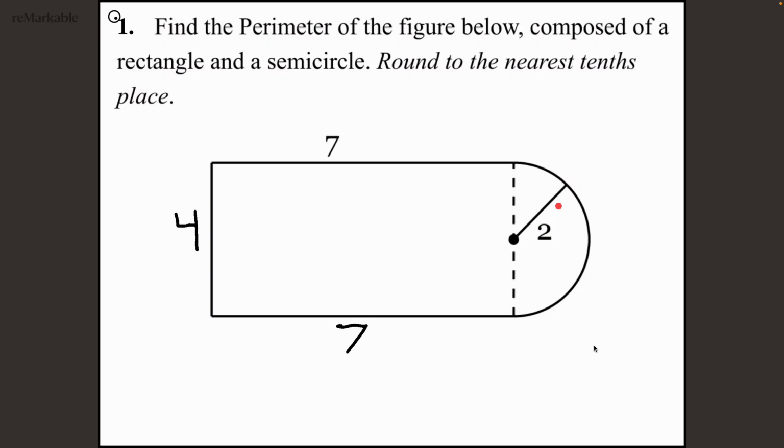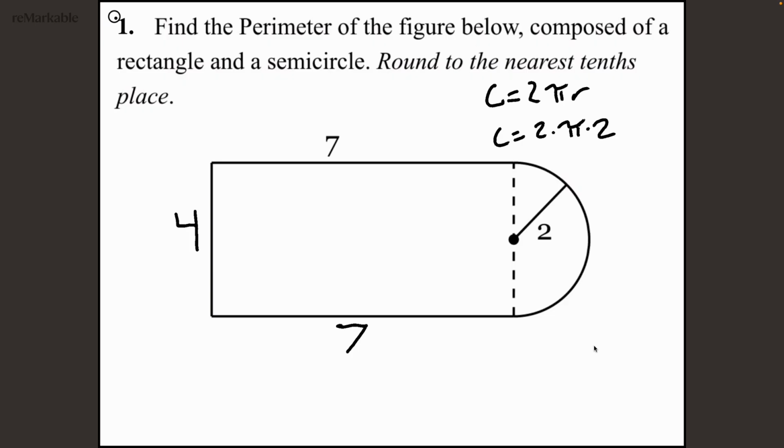So now we need to find the semicircle. Pay attention here because I don't want you guys to round early. We want to find the circumference, so I have C equals, and how am I going to plug this into the equation of 2 pi r, if I was finding the whole circle? 2 times pi times 2.